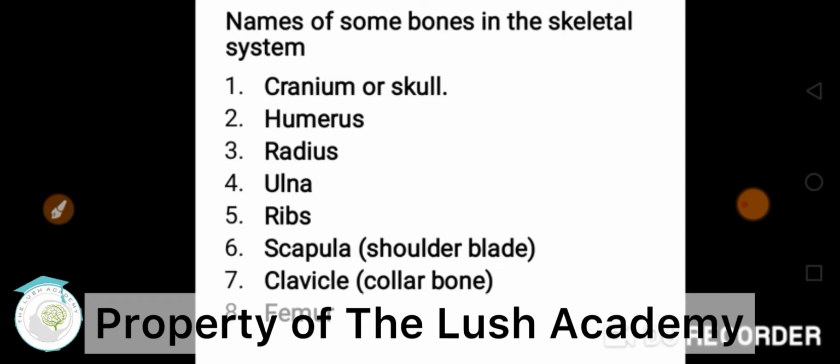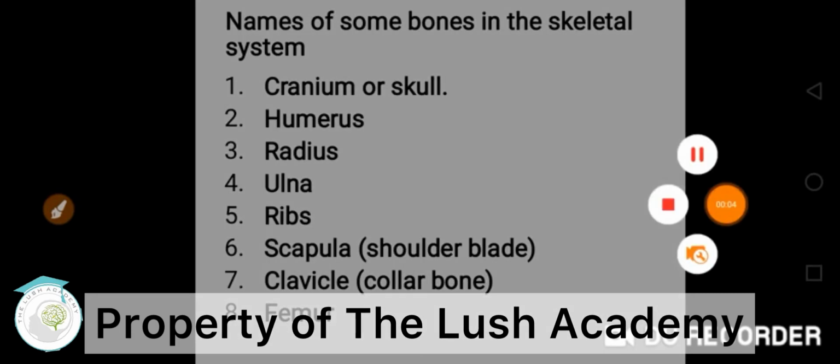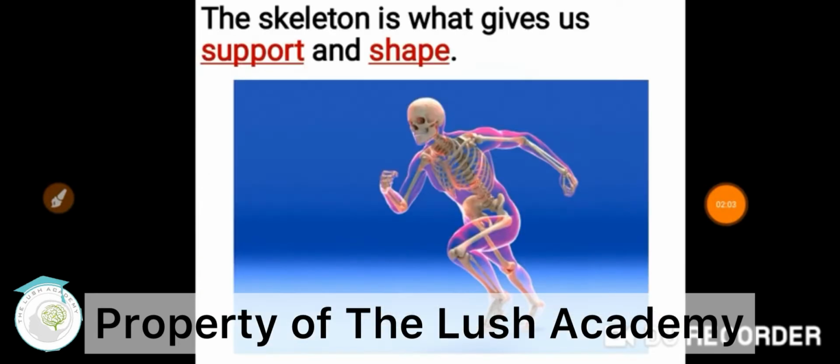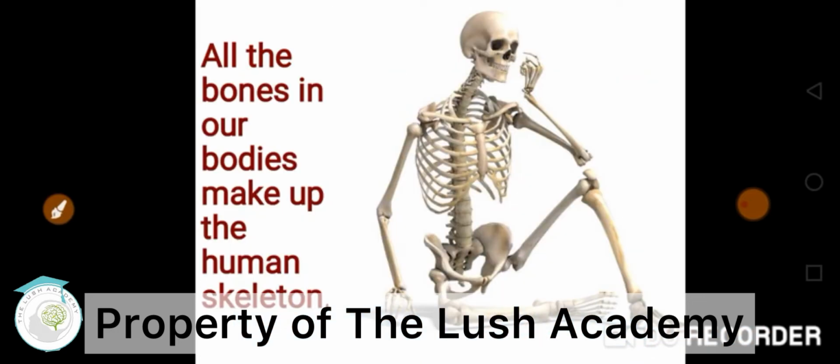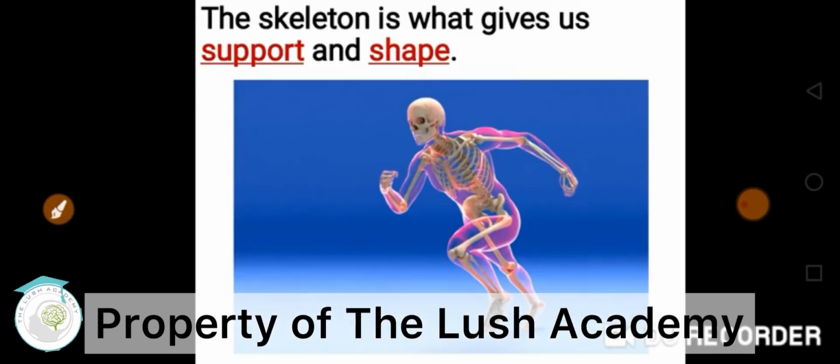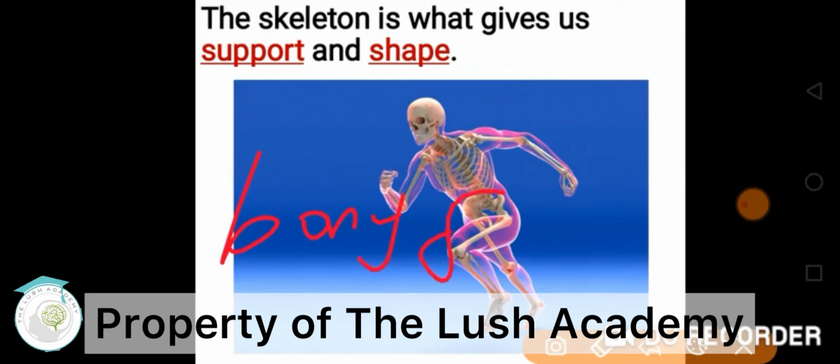Now, names of some bones in the skeletal system. But before we see this, we need to know what the skeleton is. All the bones in our bodies make up the human skeleton. The skeleton is the bony framework of the body. And the skeleton is what gives us support and shape.